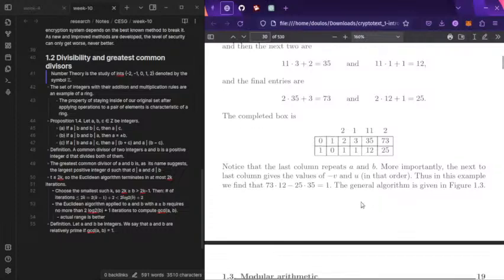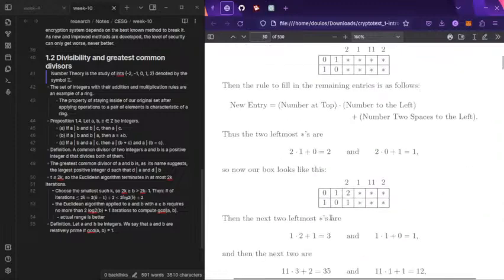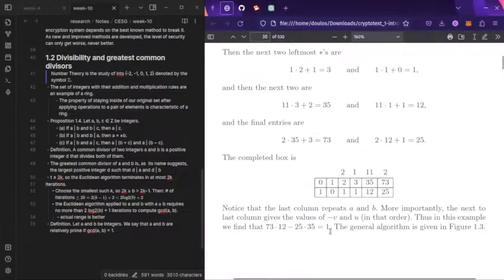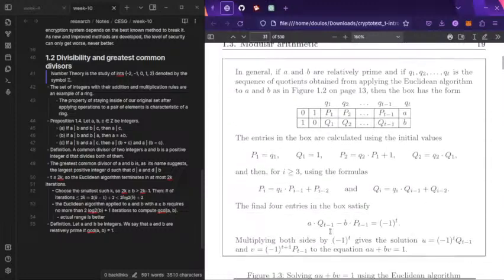It's a lot to have to memorize. But it works out. It gives you your u and your v in a different way. So you're doing the extended Euclidean algorithm by hand. Oh, is this the tabular method they were talking about? Nice. Okay, and here's the full algorithm for it.